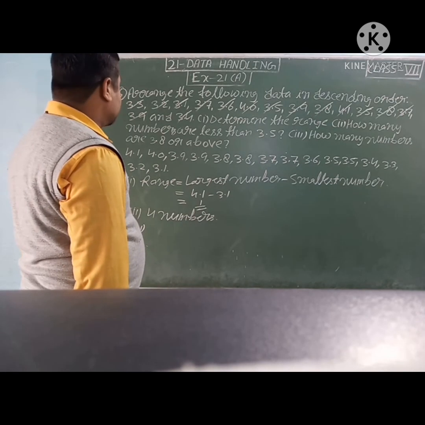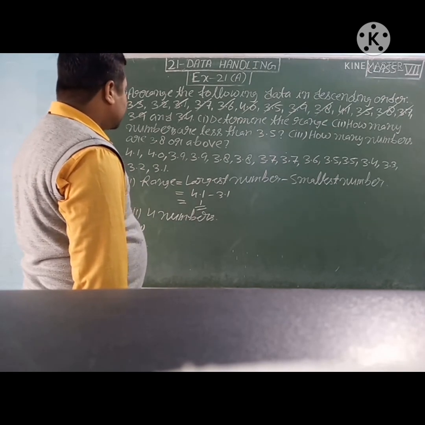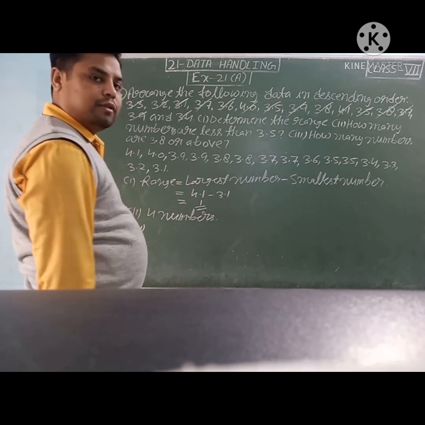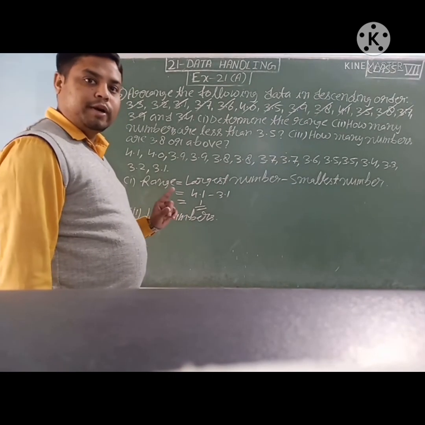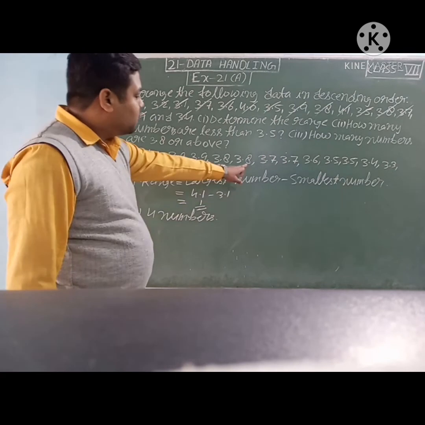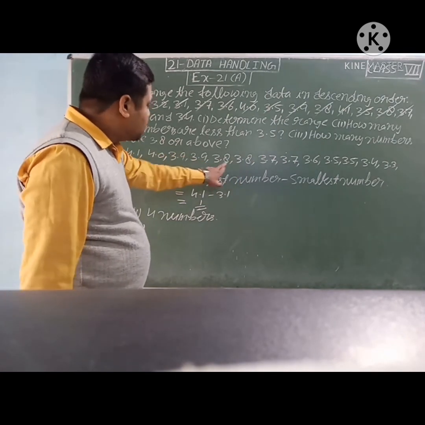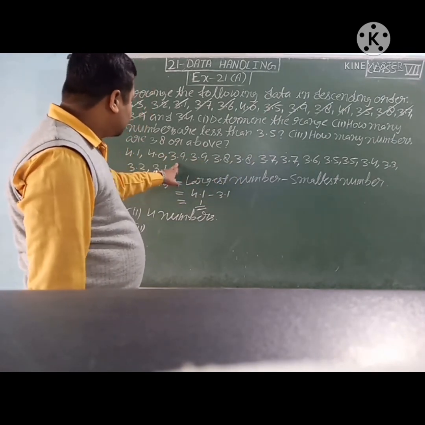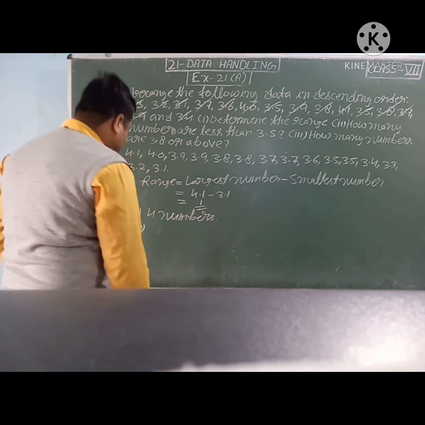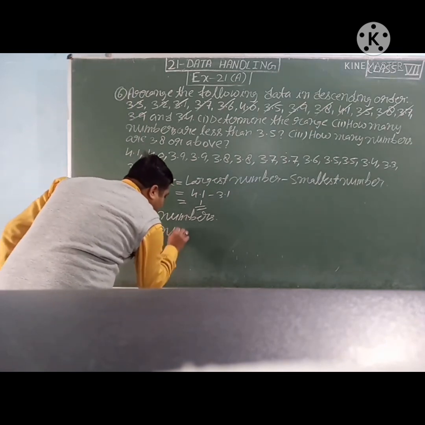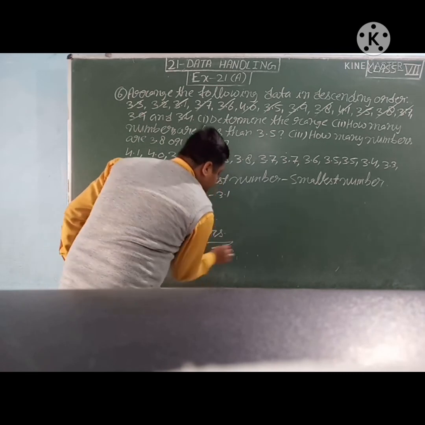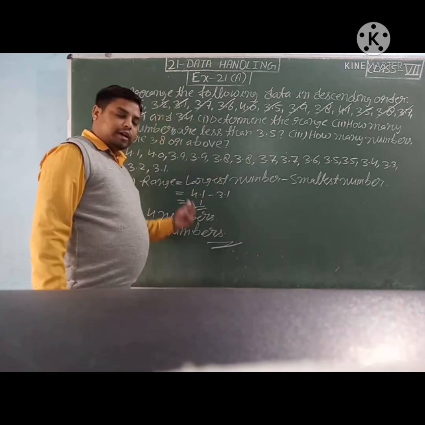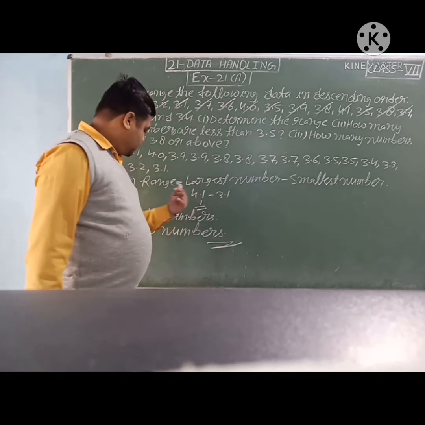How many numbers are 3.8 or above? 3.8 or above. It means we will count 3.8 also. So 1, 2, 3, 4, 5, 6. So 6 numbers are 3.8 or above.